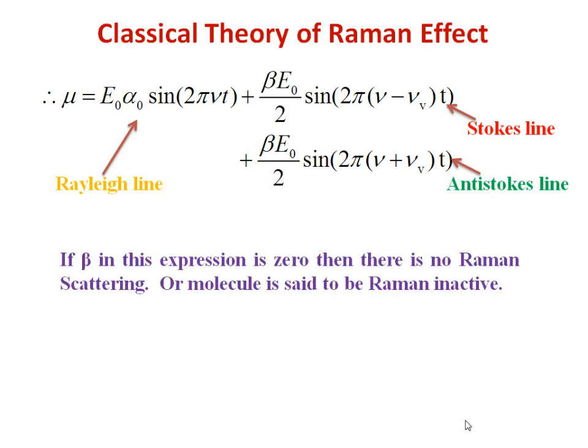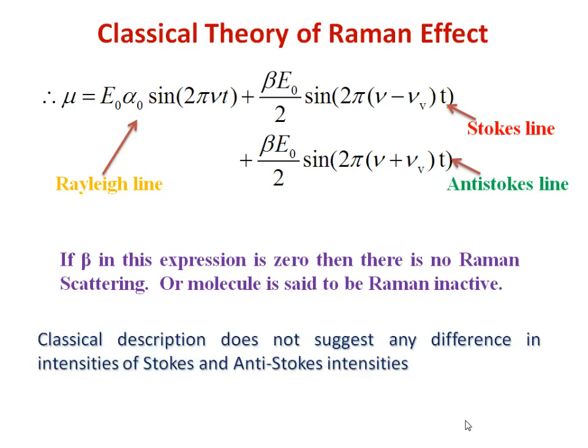If in this expression beta, that is the rate of change of polarizability of the molecule, is 0, then there is no Raman scattering, or the molecule is said to be Raman inactive.